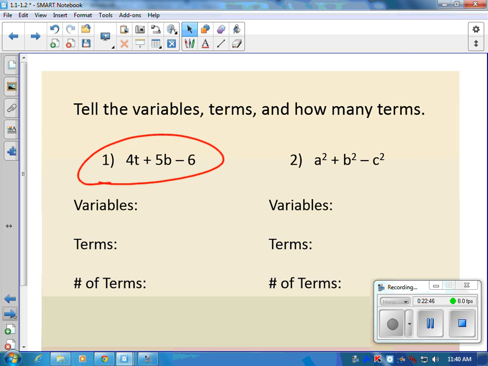So, someone want to volunteer to come write the variables? Joe, go write my variables for me. Perfect. Who wants to write the terms? Jacob, go write the terms for me.